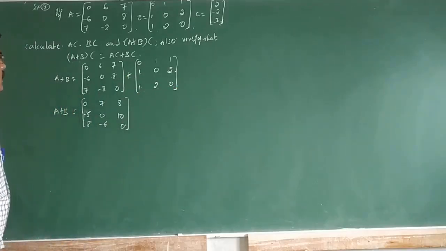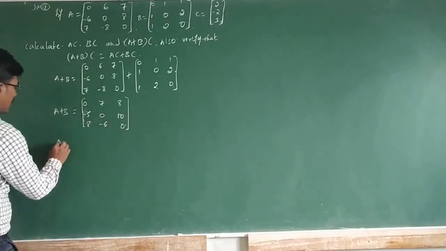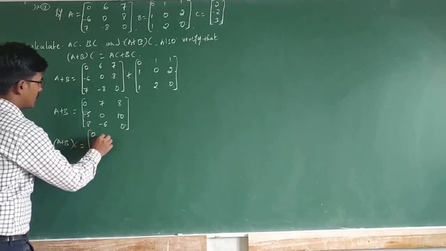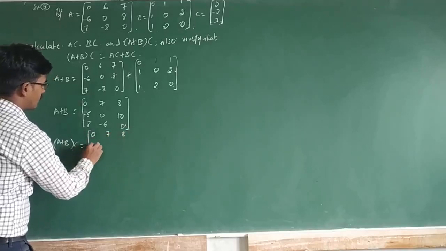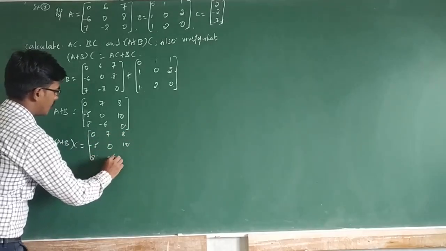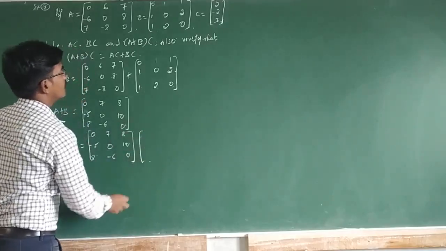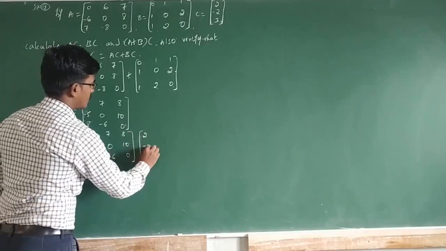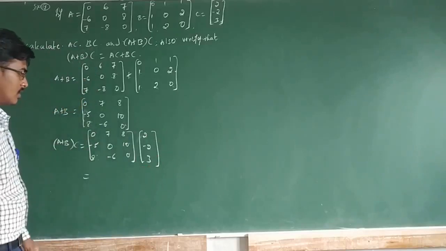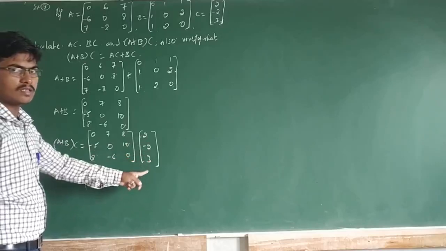Next, we need A plus B of C, so I will multiply the C matrix with this. So what we get: A plus B of C is the A plus B matrix 0, 7, 8, minus 5, 0, 10, 8, minus 6, 0, into matrix C, which is 2, minus 2, 3. Multiplication is possible because the number of columns of the first matrix is equal to the number of rows of the second matrix.